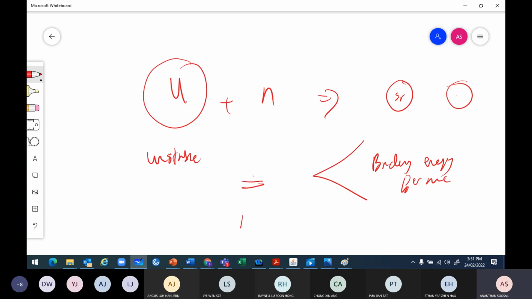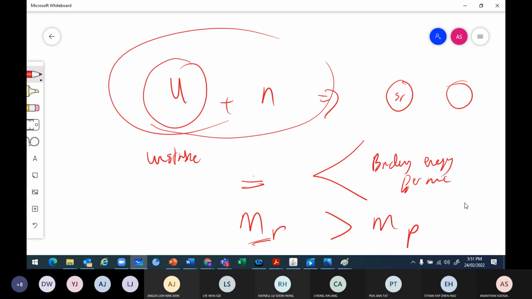So the mass of the reactant should be greater than the mass of the product, right? The reactant should have more mass than the product.